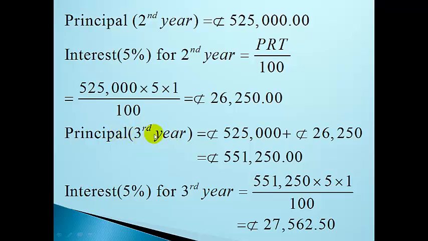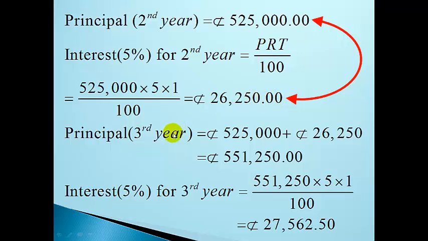Now, how do you find the principal for the third year? Take note that the principal for the second year gave us 525,000, and the interest at the end of the second year is 26,250 cedis. Because it's compound interest, we have to add the principal for the second year to the interest at the end of the second year before we can get the principal for the third year.